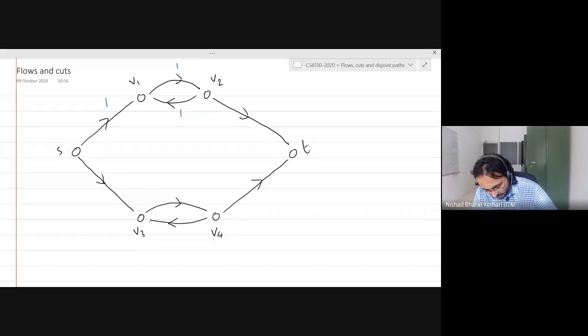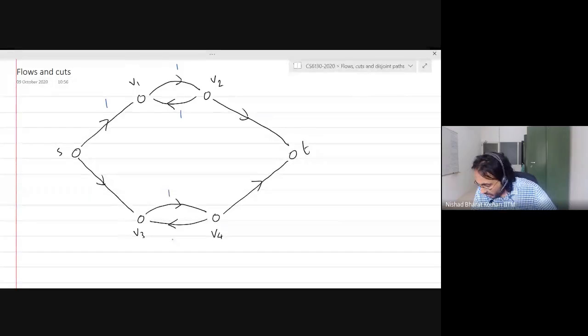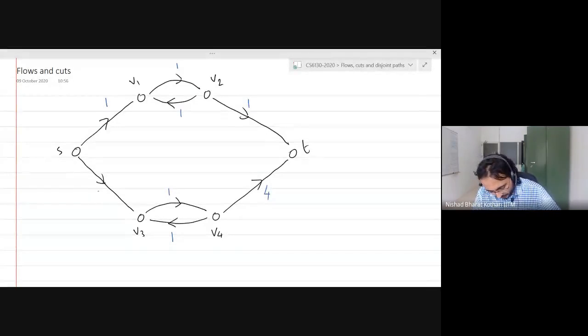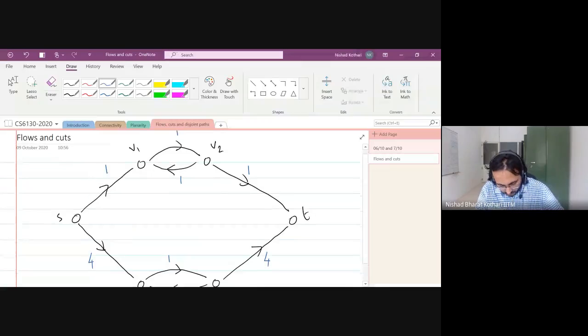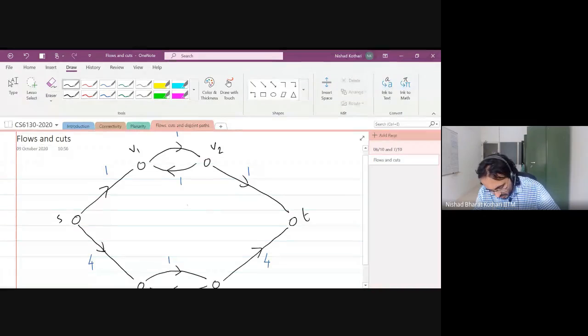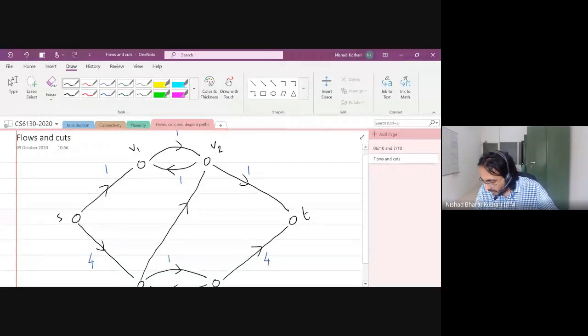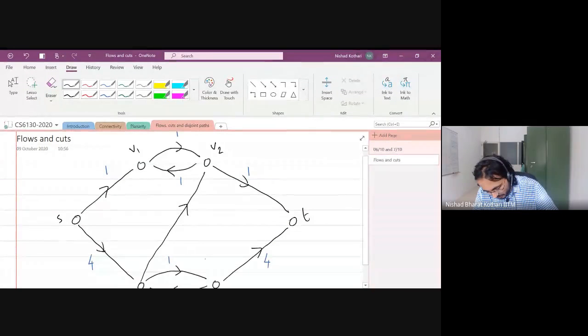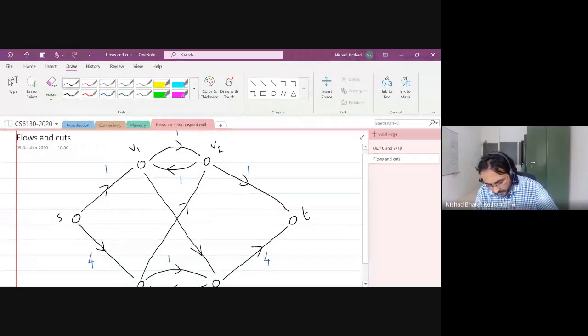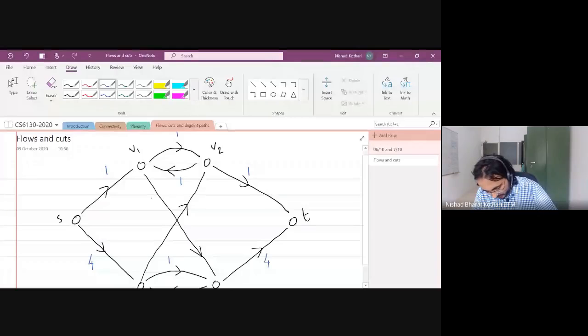I wanted to draw a few more arcs. This is 1, 1, 4, 1, and 4. There are 2 more arcs I wanted to draw, and both of these have capacity, let's say 3.